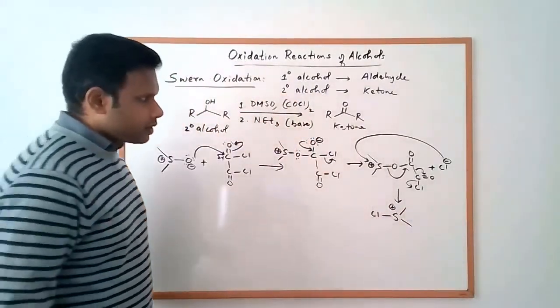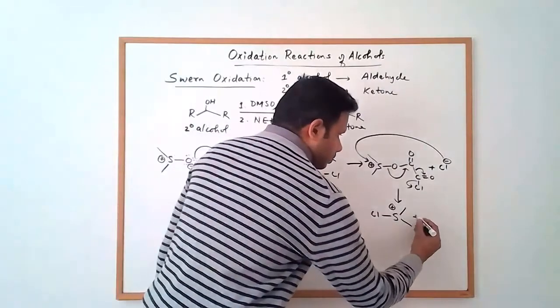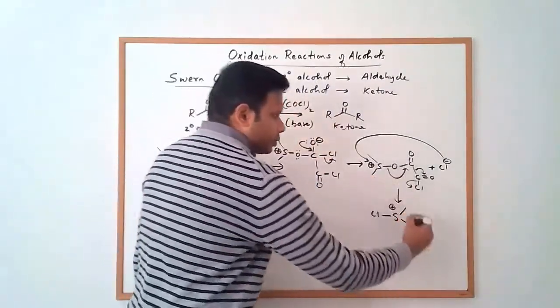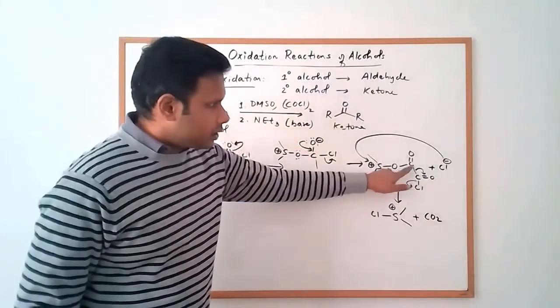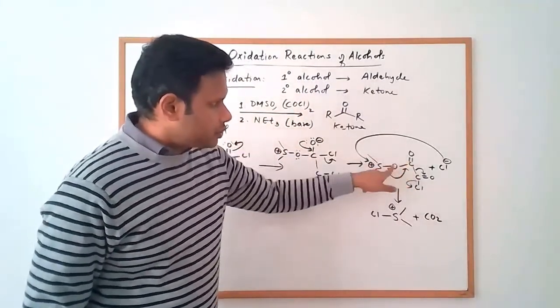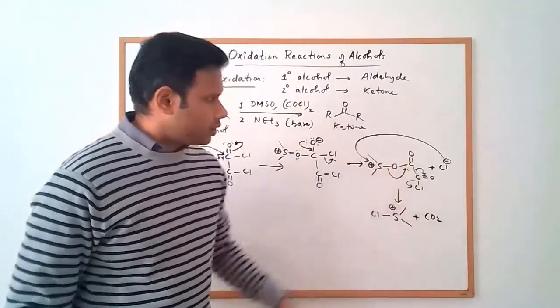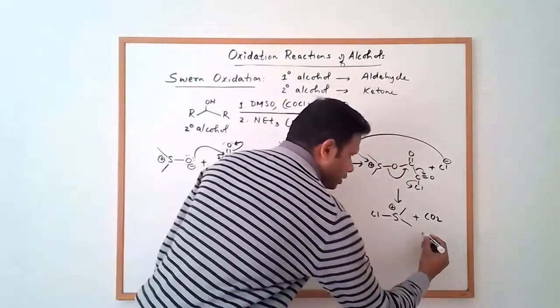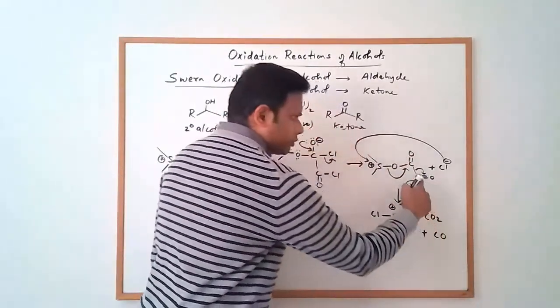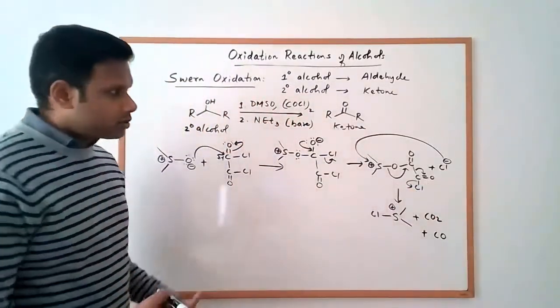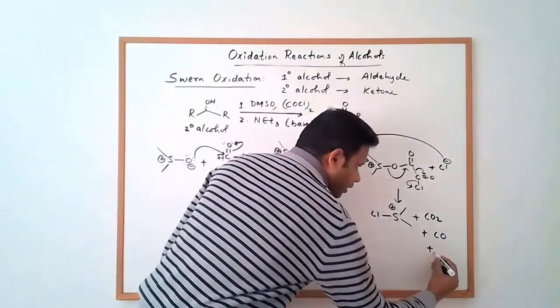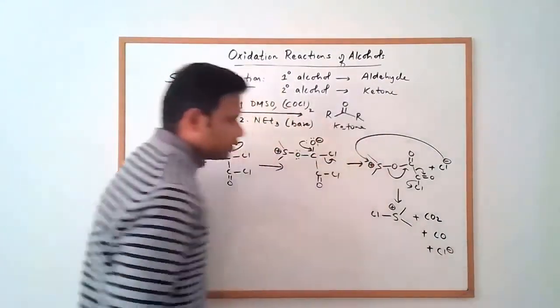Plus we've generated carbon dioxide, that carbon with the two oxygens, double bonds to both oxygens, plus carbon monoxide, carbon with the oxygen, with a formal triple bond over there, and a chloride ion.